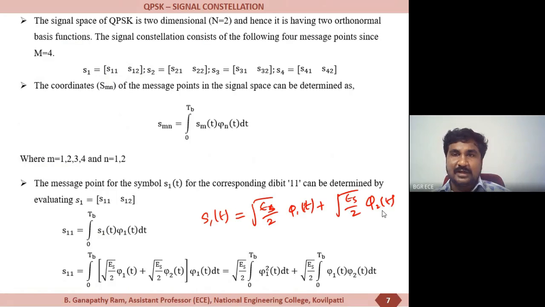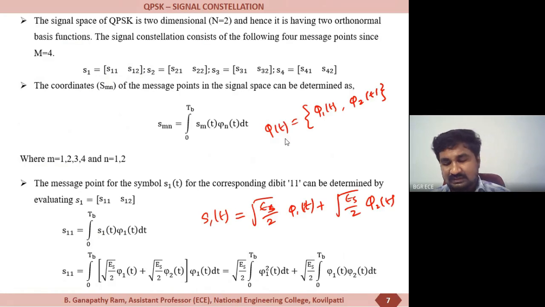And as we are having two orthonormal basis functions, these two orthonormal basis functions are orthogonal to each other. Phi 1 of t and phi 2 of t are orthogonal to each other.